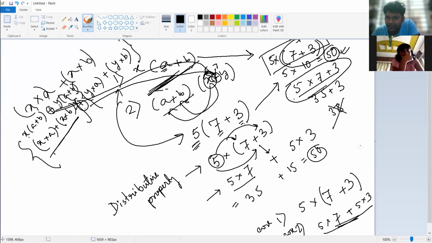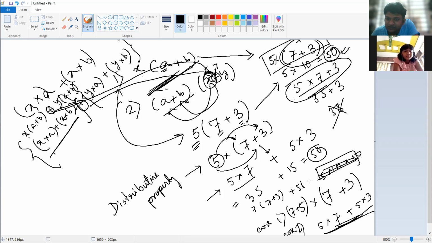See, I can do this one like this now: 5 into 10 is 50. But I am not asking you to do this. I'm asking you to do it this way. First expand it. And instead of 5, suppose I give you this, then you should take 7 into 7 plus 3 plus 5 into 7 plus 3.